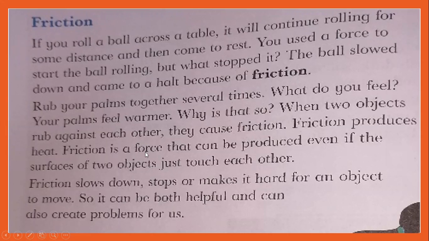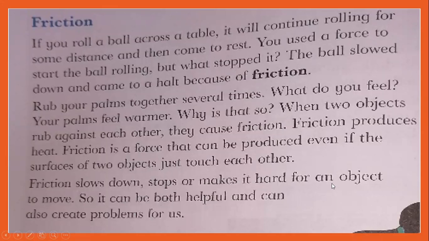Friction is a force that can be produced even if the surfaces of two objects just touch each other. Friction slows down, stops, or makes it hard for an object to move, so it can be both helpful and can also create problems for us.